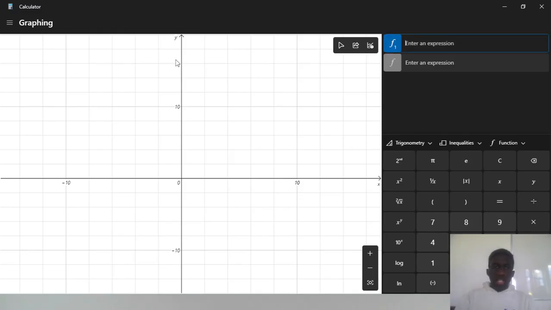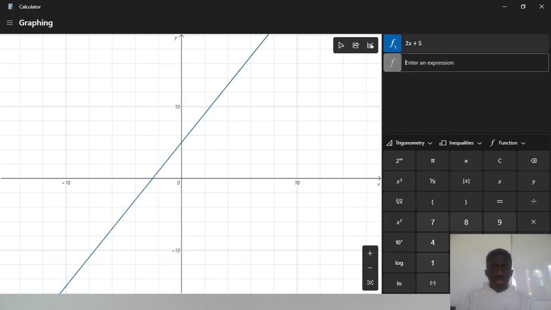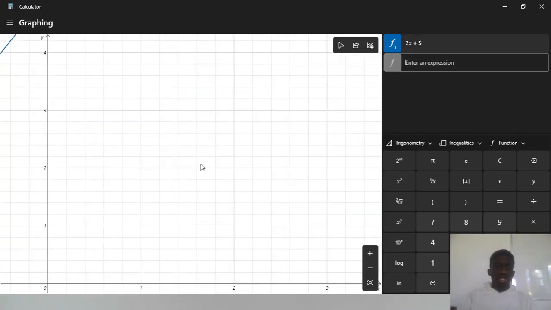This is our y-axis here, the vertical one, and the horizontal one is the x-axis. They have both been labeled x and y. So if we want to plot our function, that's 2x plus 5, we can look at the graph of the function here.